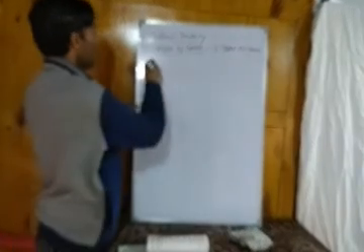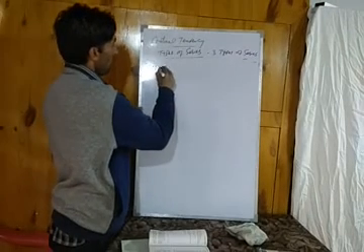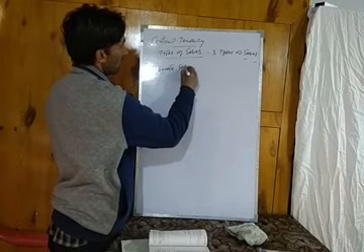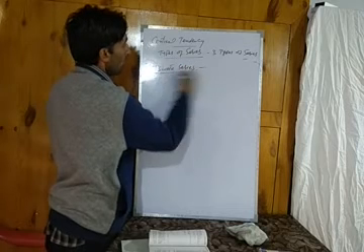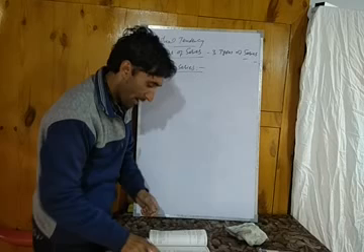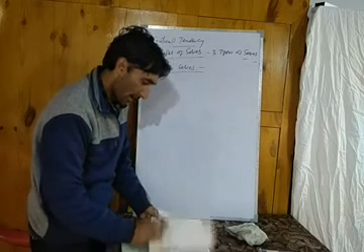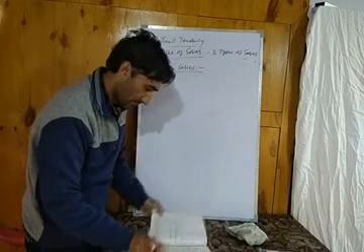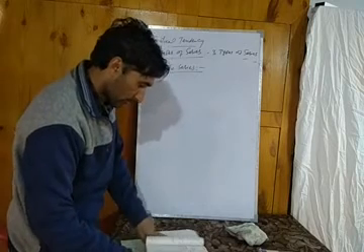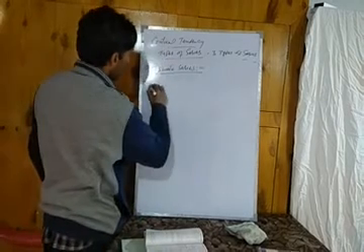Then we have the discrete series. If our series is in the form of discrete series, how do we calculate the mean? It has also three methods. First of all, we have the direct method.